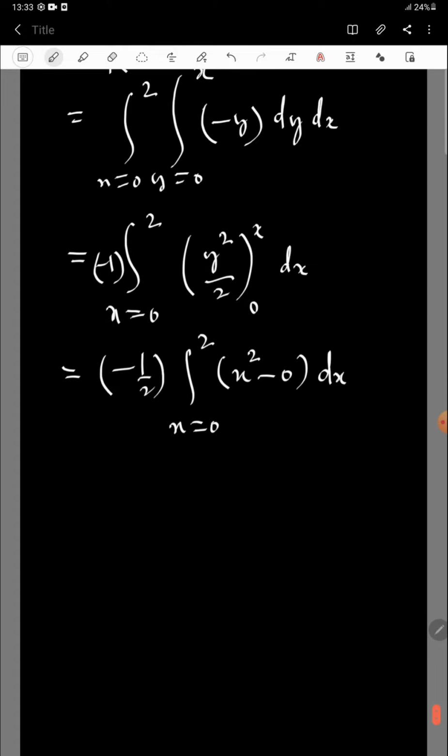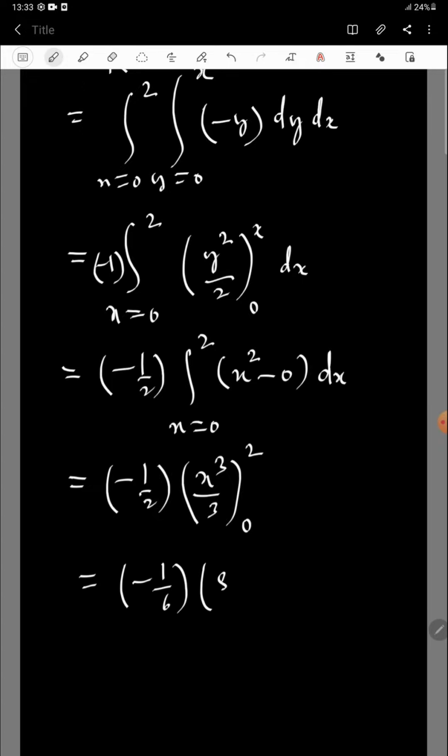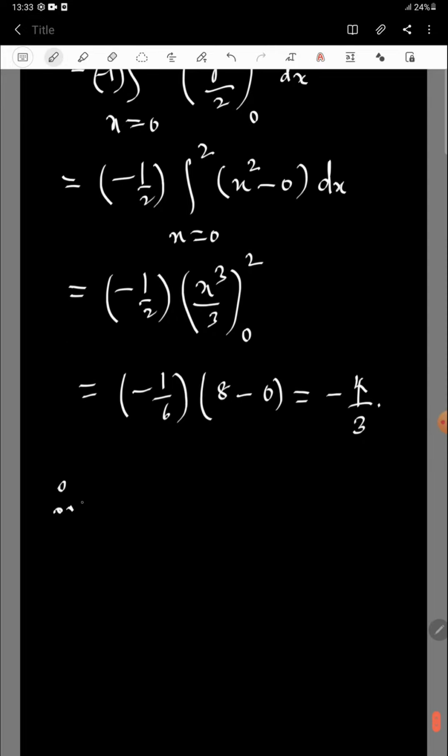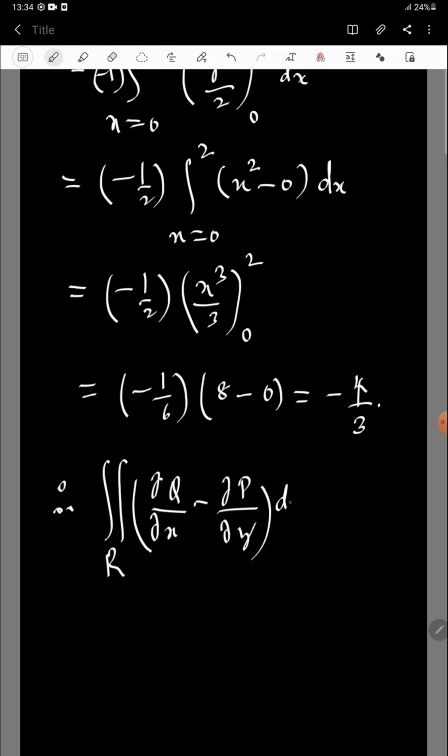So finally it is minus 1/2 integral of x², that is x³/3, limits from 0 to 2, that's minus 1/6 outside and 8 minus 0, so finally it is minus 4/3. Therefore the double integral over the region R of ∂Q/∂x minus ∂P/∂y dx dy is equal to minus 4/3.